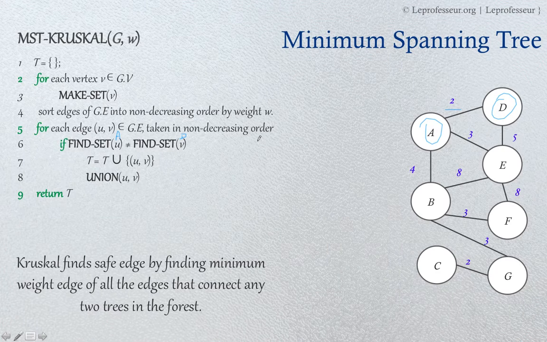So let's see how this algorithm proceeds further. Initially we have no element in our set T, and we have a forest, or we have these vertices as independent trees.